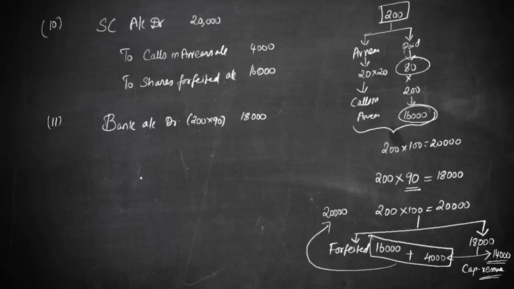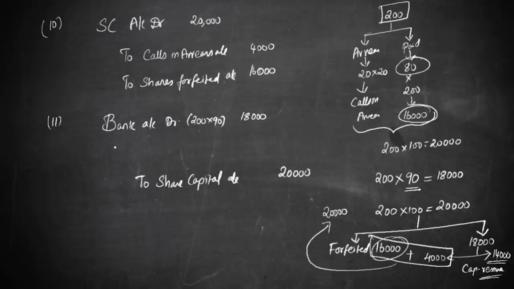So I'll leave one line gap and I'll write to share capital, that is SC. I want to give a credit of 20,000, but where will I find the debit for this 20,000? 16,000 is available in the form of forfeited shares account, because already I have transferred something from capital to forfeited shares.